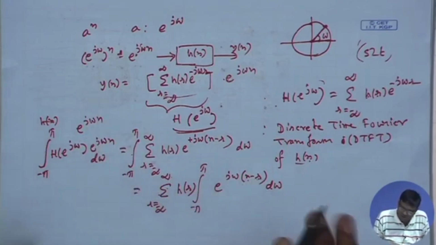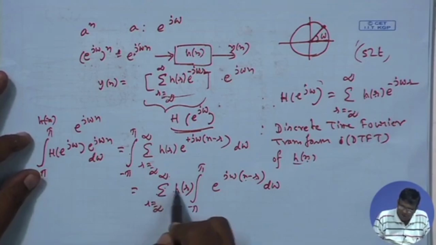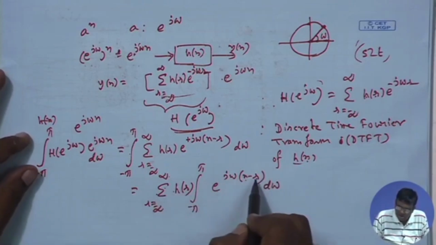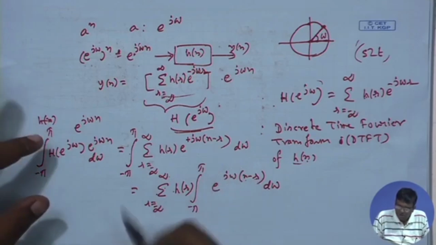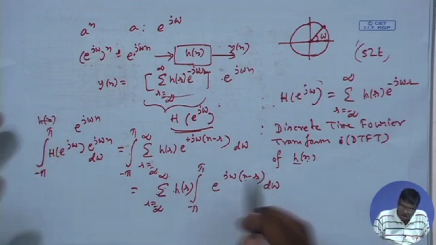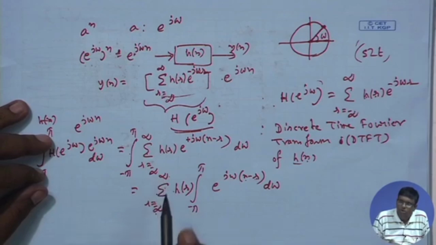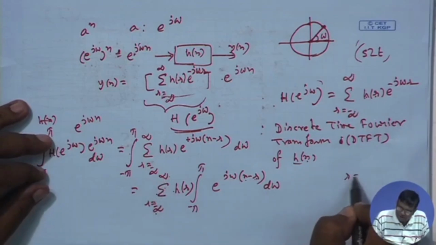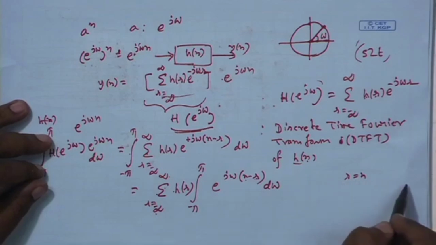So r every time is fixed from outside, h of r times this integral: put that r here, n is fixed, carry out the integral. And then another r, put that r here, do the same thing, and so on and so forth. Now, as r varies from minus infinity to infinity, it will become equal to n, that is r equal to n, once, and on all other occasions it will never be equal to n.